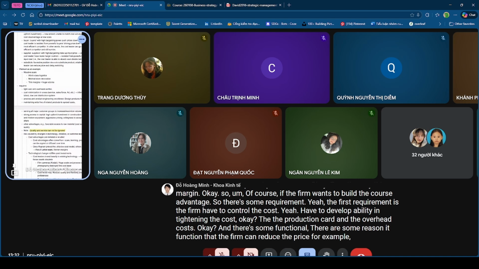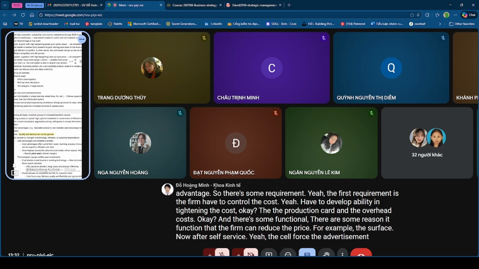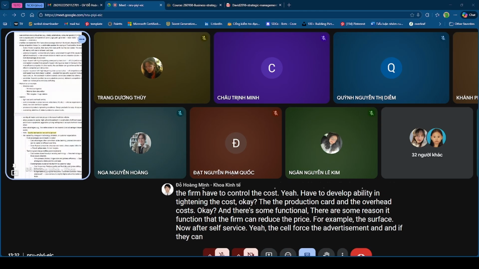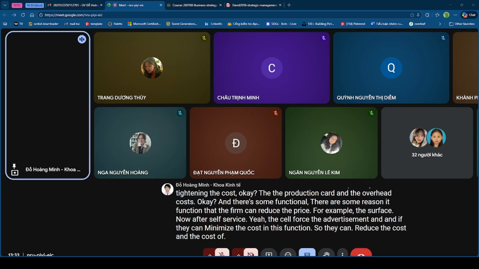For example, the after-sale service, okay? The sales force, the advertisement, okay? And if they can minimize the cost in these functions, they can reduce the total cost.